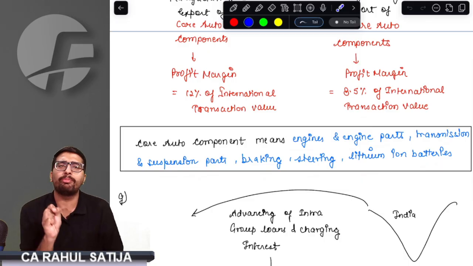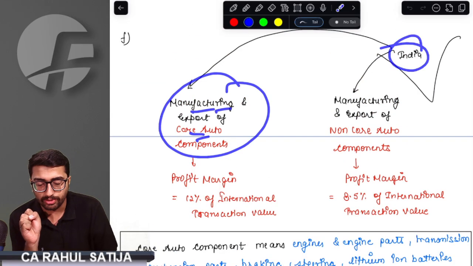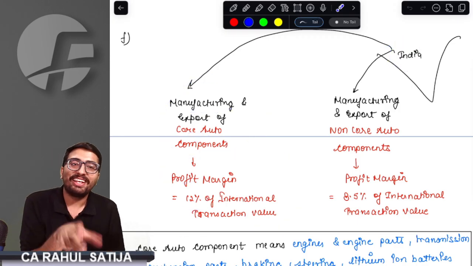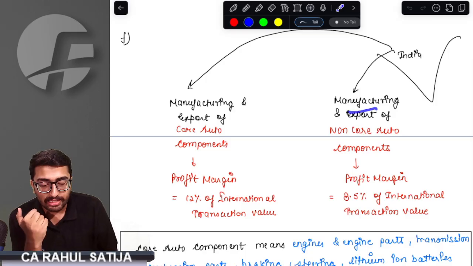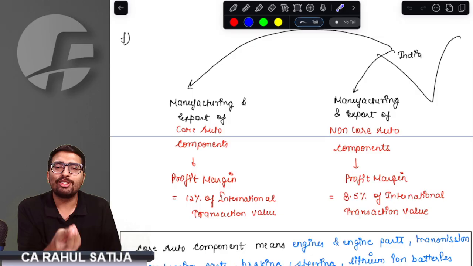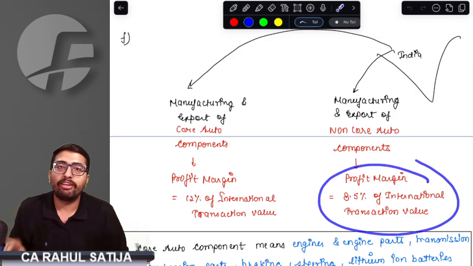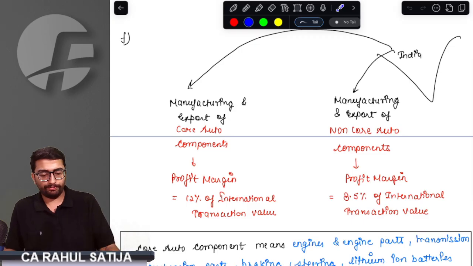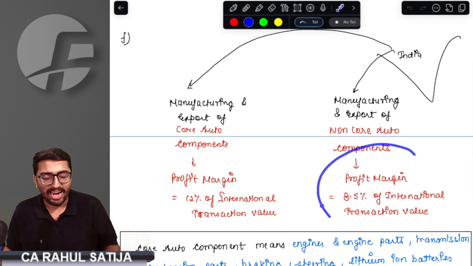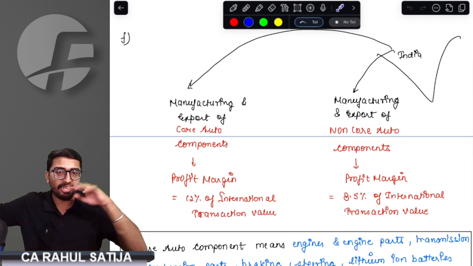These are core auto component parts. If the Indian entity manufactures and exports core auto components to its associate, then the profit margin shall be 12%. But sir, if the Indian entity manufactures and exports non-core auto components, that means screwdrivers, small brakes, small things, in that case, 8.5% shall be the profit margin. Because of course, core auto component parts will have higher margin and non-core will have lower margin. So it is reasonable. Higher 12% and 8.5%.